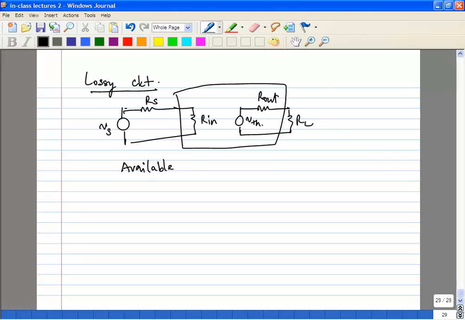What is called your available power loss, which is represented by L, is given by P in over P out. It's exactly the opposite; matched condition is assumed. It's basically 1 over the available power gain, AP, of that.